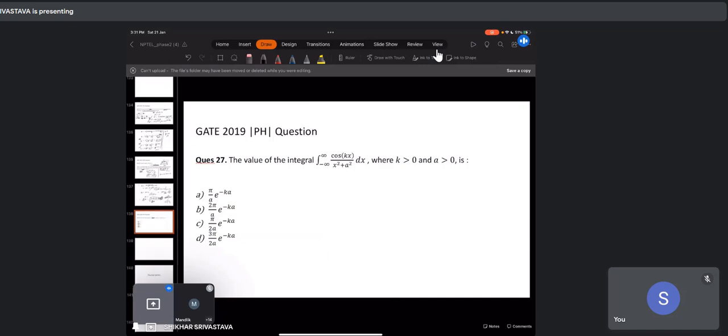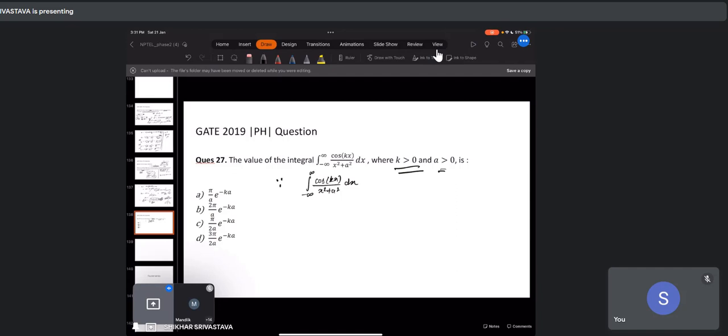Now, this is the last question for this part, complex analysis. Here they have asked you to find the integral from minus infinity to infinity of cos of kx upon x square plus a square dx, where k is greater than 0 and a is greater than 0.